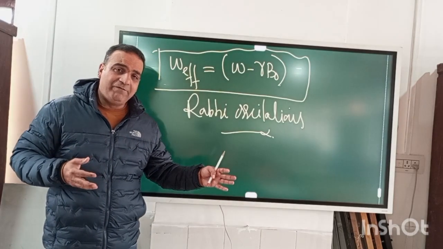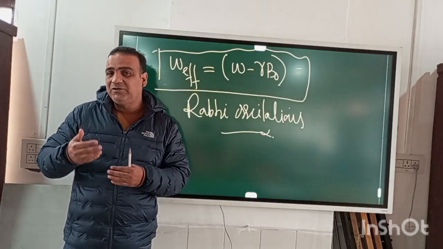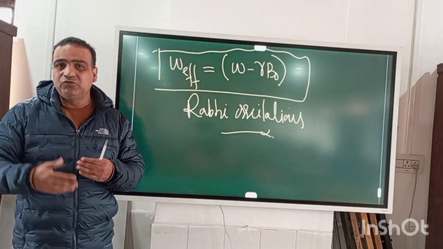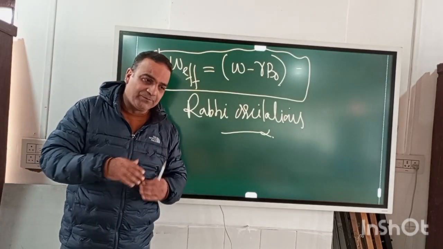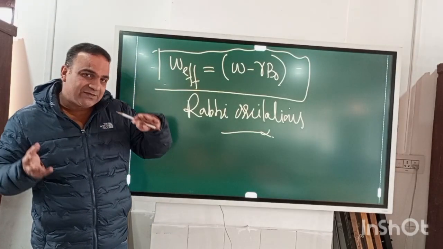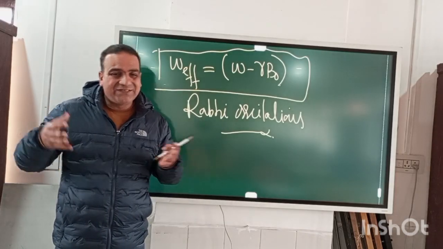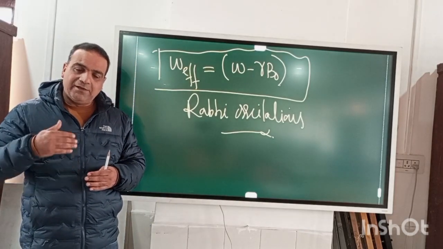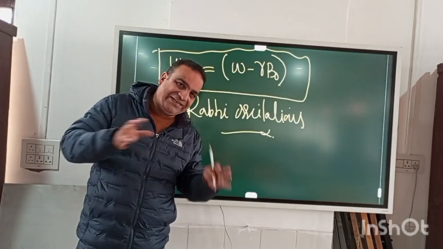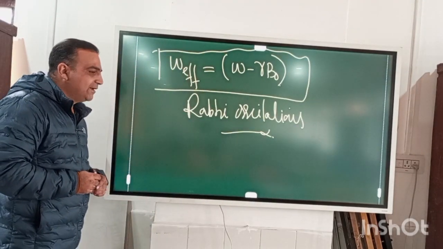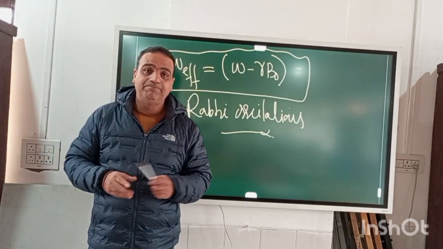You come up with those oscillatory functions, but the moment you use a rotating frame of reference, a dynamical problem in the laboratory frame automatically translates into a static problem. So with this, I would like to end this talk. Bye.